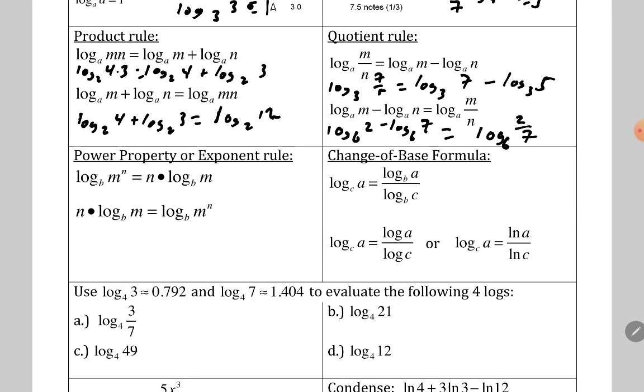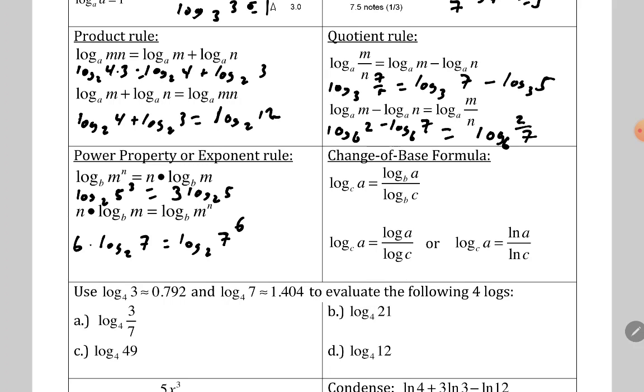So if I had log base 2 of 5 to the 3rd, that is the same thing as, just moving the 3 outside, 3 times the log base 2 of 5. Okay, and then vice versa. If you see this outside, 6 times log base 2 of 7, that is the same thing as log base 2 of 7 to the 6th.